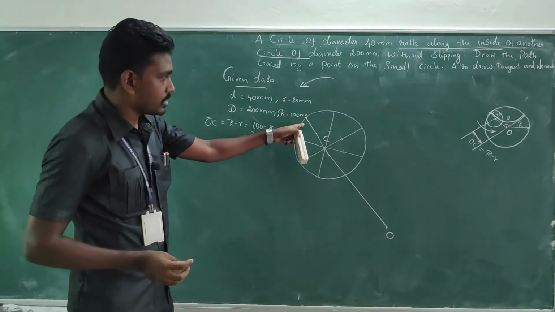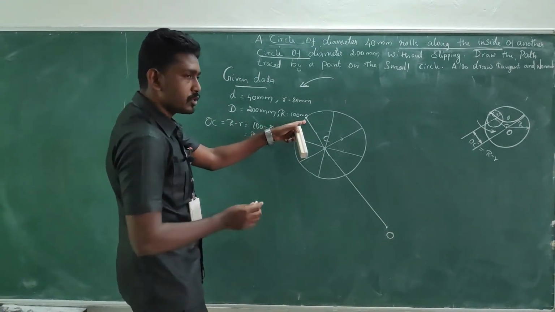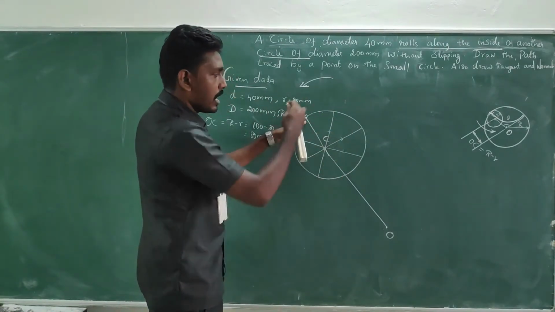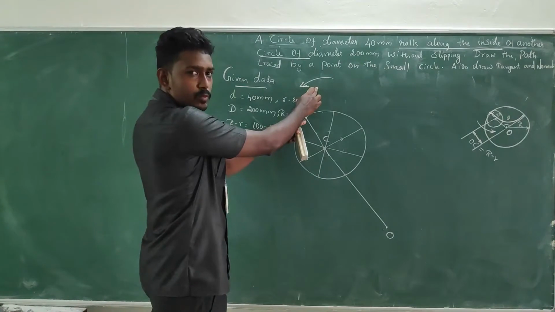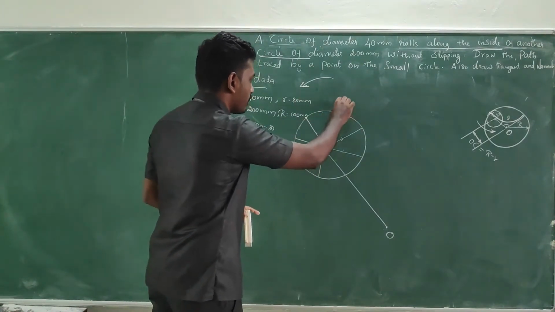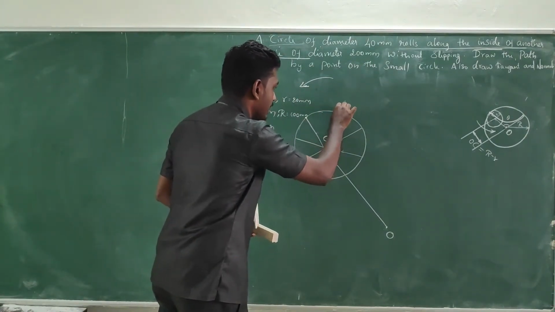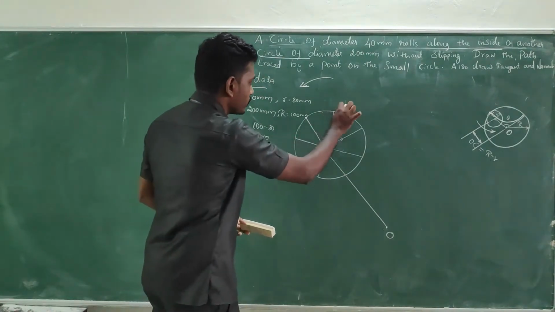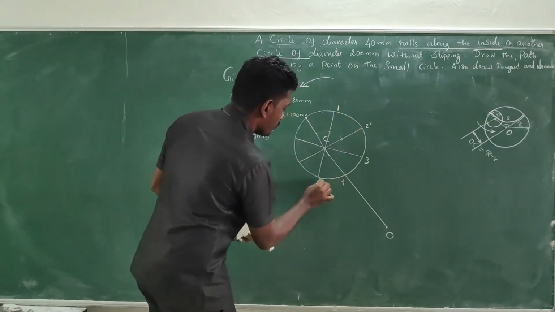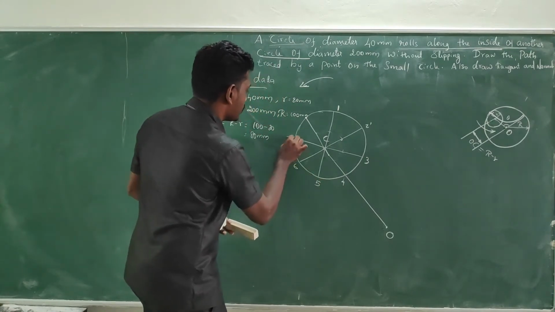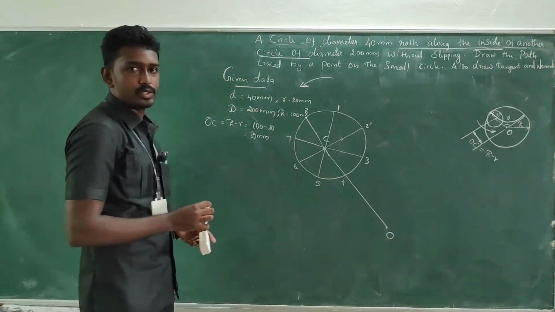This is the contact point, and we have to mention the numbers in the reverse direction of this motion. That means from the next point I'm going to take 1, and 2, 3, 4, 5, 6, 7 and 8.